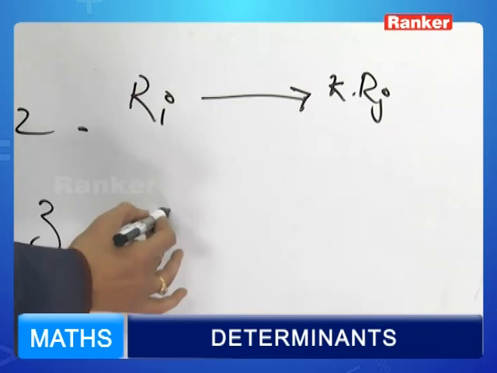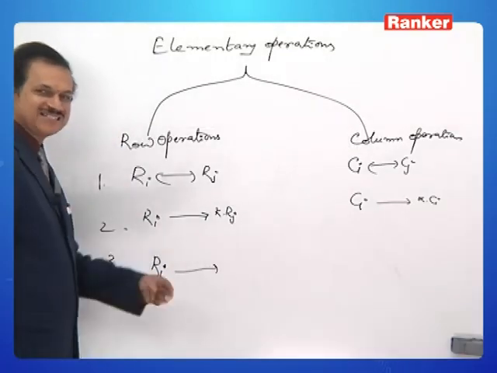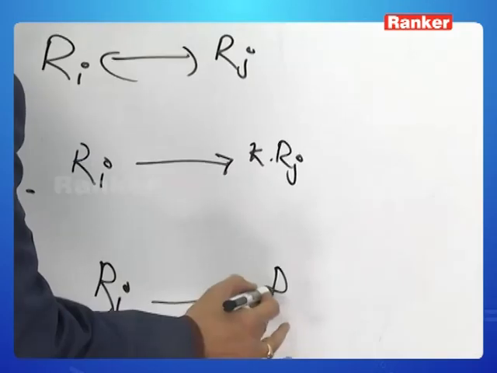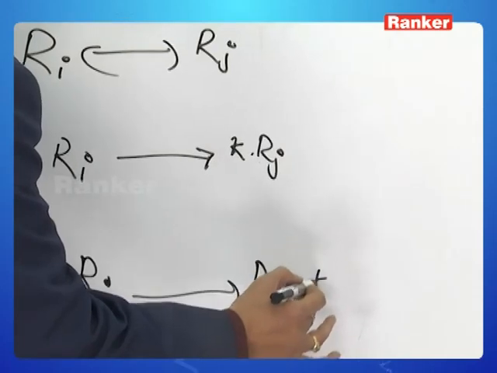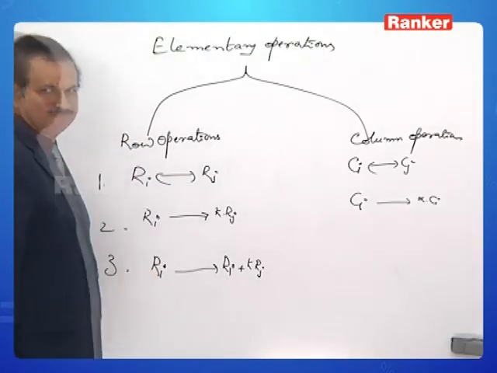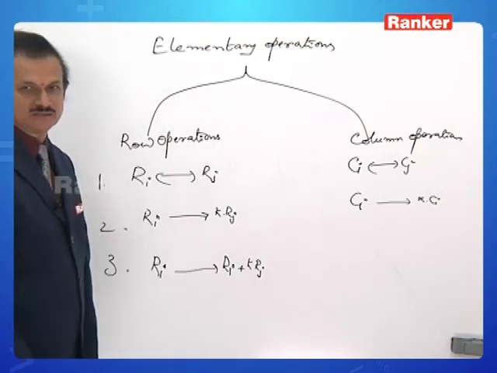The third one, Ri is changed. Ri in the sense ith row is changed. How does it change? To the elements of ith row, k times the elements of jth row are being added, isn't it? jth row remains as it is.